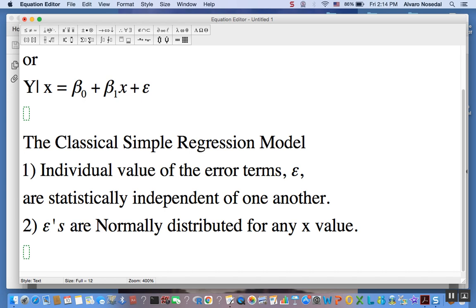Assumption number 3. The distribution of possible epsilon values have equal variances for all values of x.